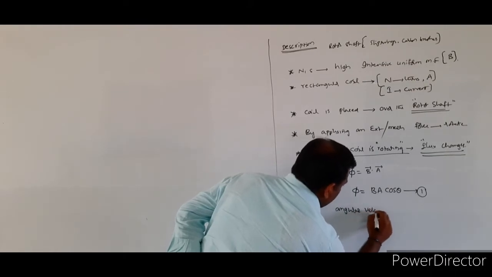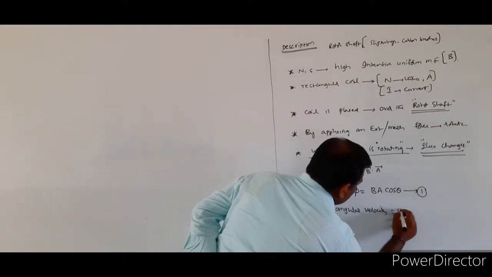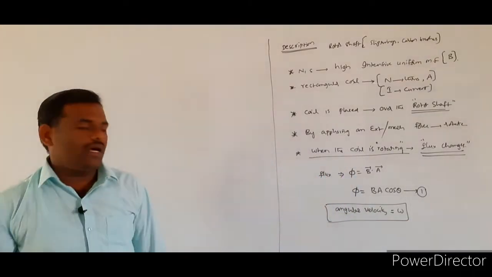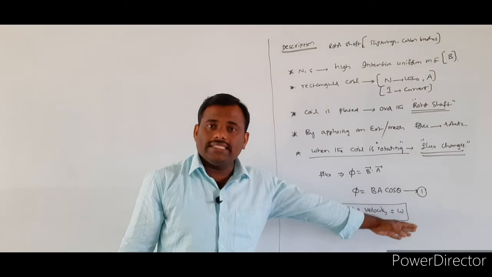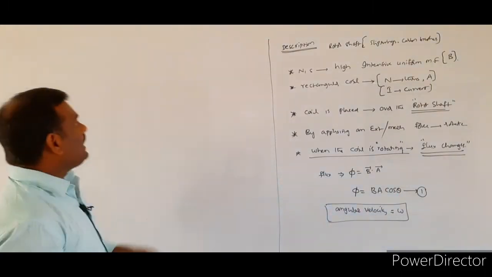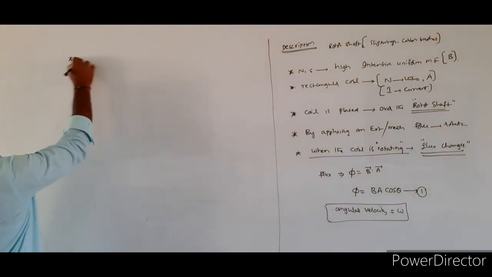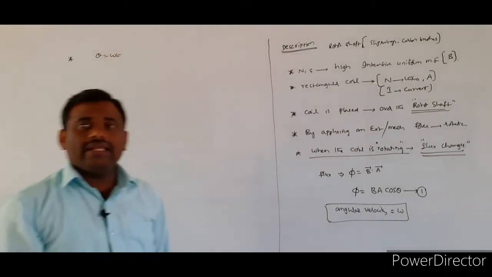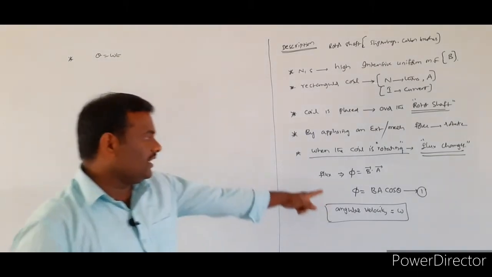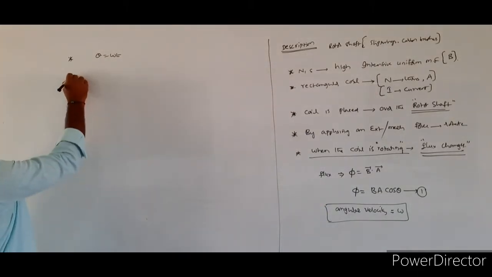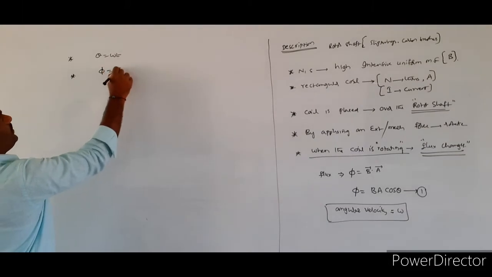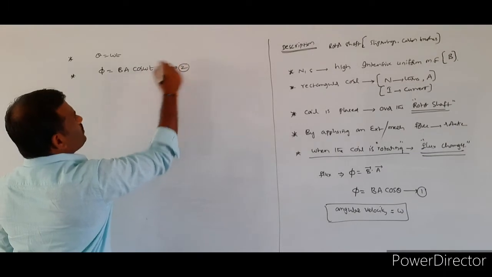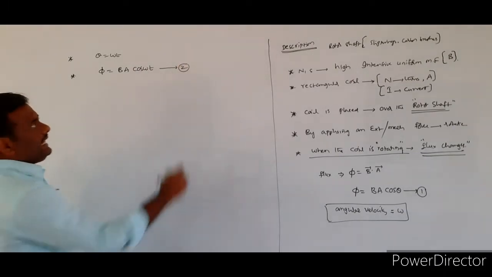We assume the angular velocity of the rotating coil is omega. So the angular displacement theta is equal to omega t, and equation 1 becomes B into A into cos omega t.